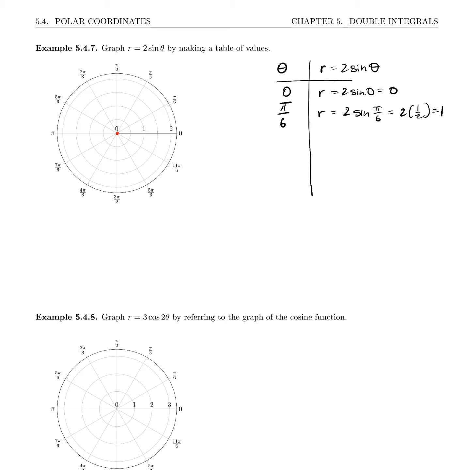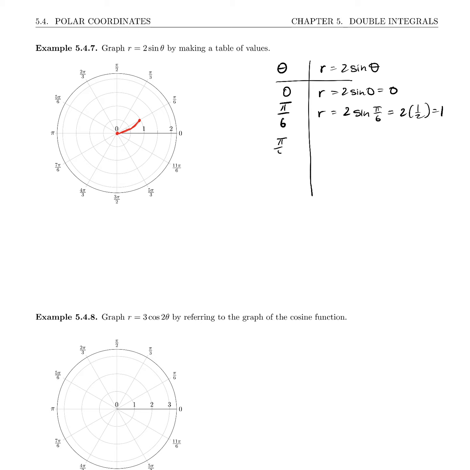So at pi over 6, we have a radius of 1, and so we're looking at that point there. Right, so we're imagining that the curve, if it grows continuously, is growing sort of like this to reach that point.